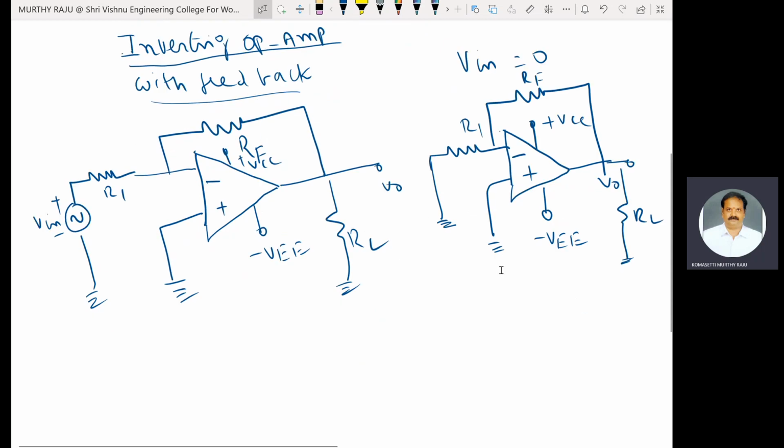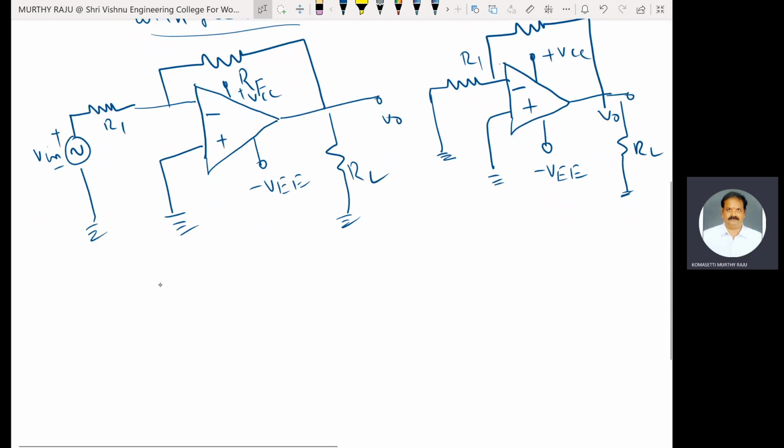Next one, inverting amplifier completed. Next one is a non-inverting amplifier with feedback.